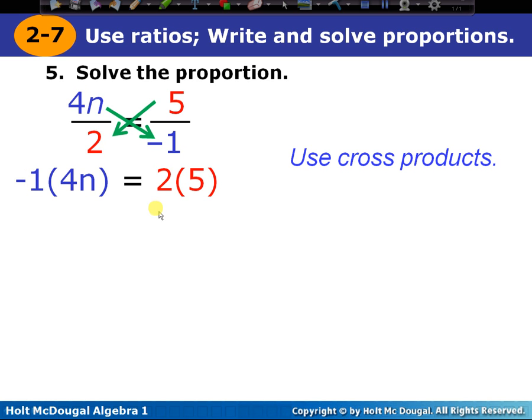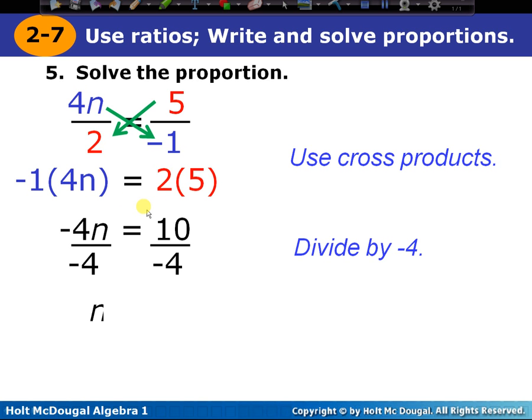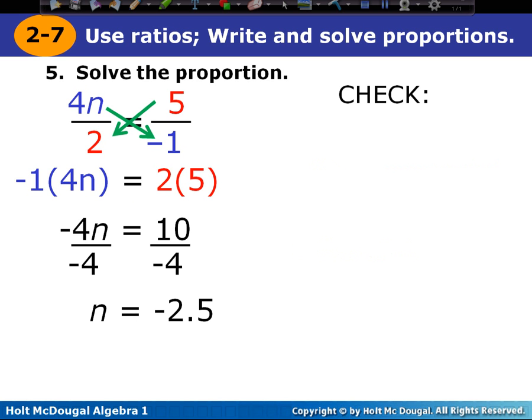Again, make sure that you write it this way with the 4n inside the parentheses. Anytime you have a variable, it needs to be the one on the inside of the parentheses. The 2 and the 5, it doesn't really matter whether the 5's on the inside of the parentheses or the 2 is. So here we're going to multiply negative 1 times 4n, which is negative 4n, and 2 times 5 is 10. So negative 4n equals 10. We're going to divide both sides by negative 4. And n equals negative 2.5.